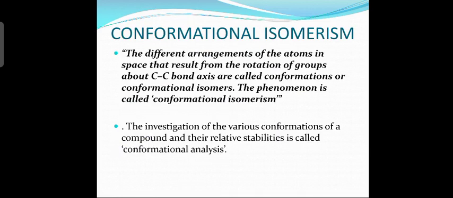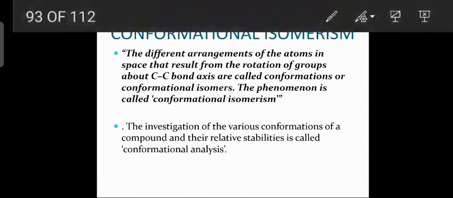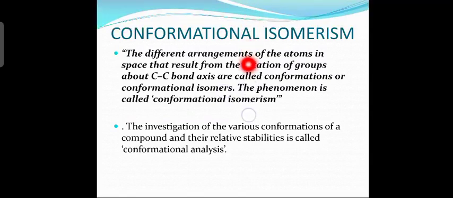Now next slide. Here you are going to study what conformational isomers are. What is conformational isomerism? The different arrangements of the atoms in space that result from the rotation of the groups about the carbon-carbon bond axis are called conformations.